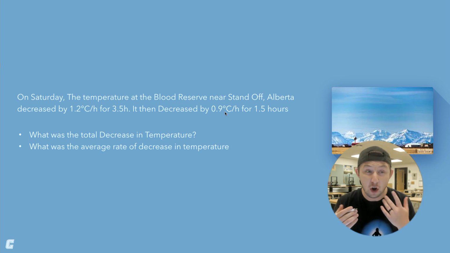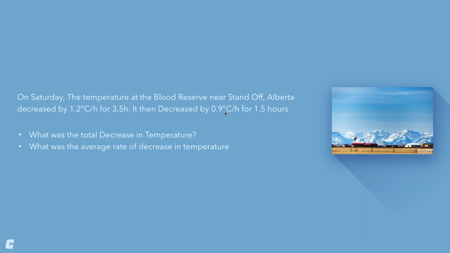Now, not all questions are going to look like this. The reality is that all these questions might look different, but the idea is the same. First, you need to identify which of the operations this problem is asking you to use, whether it's addition, subtraction, multiplication, or division. Once you've identified that, then you can lay it out however you want, whether you break it into chunks like I did, or you solve it all with one expression.